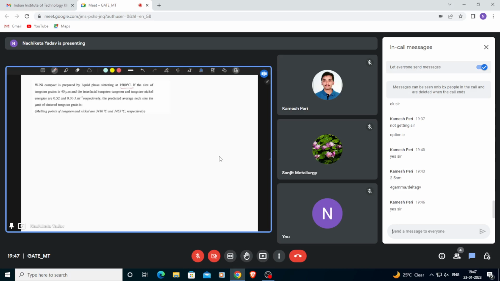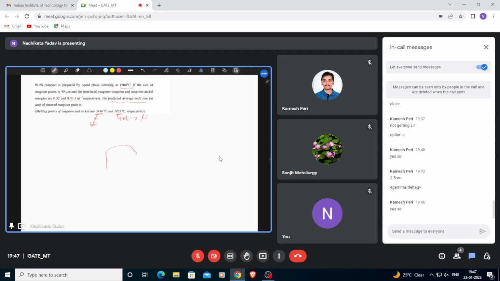If the size of the tungsten grain is 40 micrometer and the interfacial energies are as given, we have to calculate the predicted average neck size. We know the melting points of tungsten and nickel, so nickel is in liquid state and tungsten is in solid state.